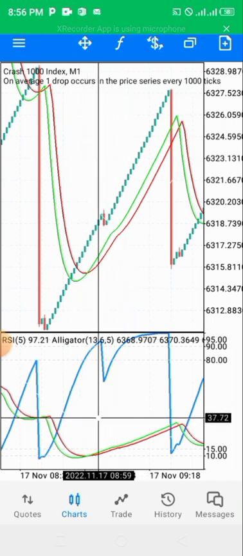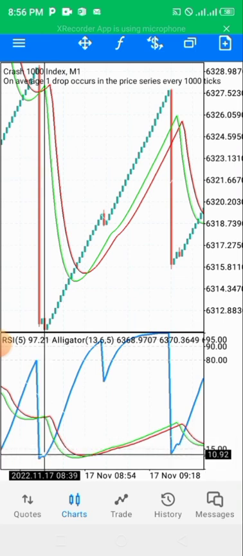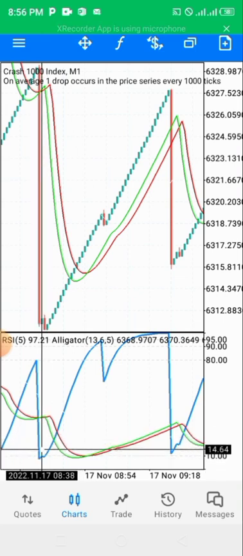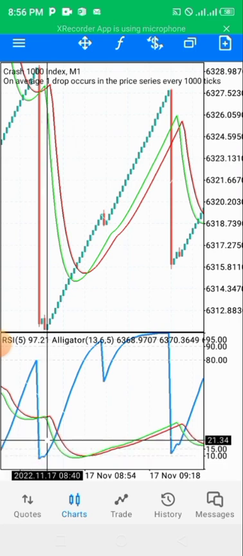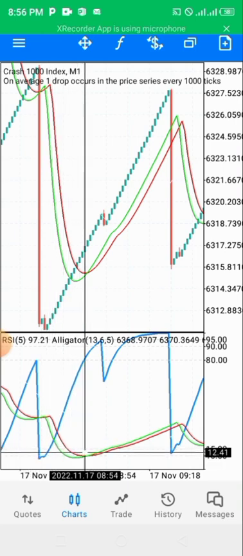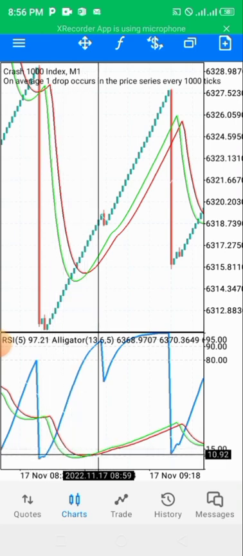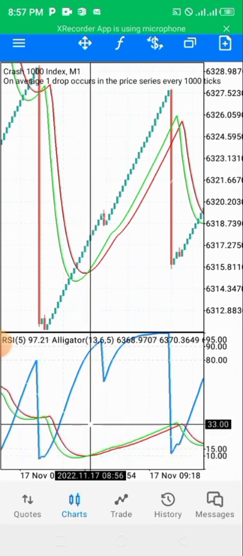To scalp the market, the first condition you have to look out for is that your blue indicator on your indicator window 1 goes below the level 15. That is the oversold level, okay. And the second condition is seeing your red and green indicator crossing each other like this below the level 15.